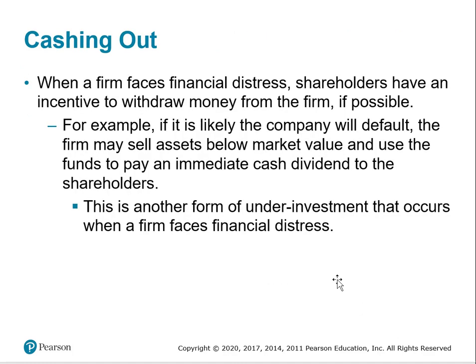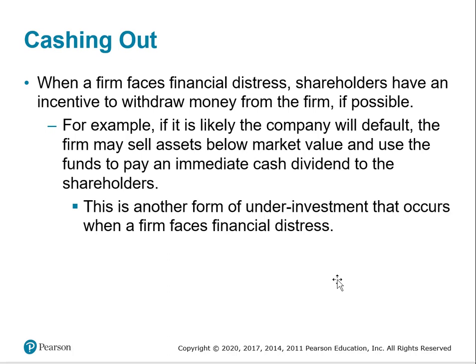Cashing out is when a firm faces financial distress. Shareholders have an incentive to want to withdraw money. So if it's likely the company is going to default, the company might sell off some assets below market value and use those funds to pay an immediate cash dividend.